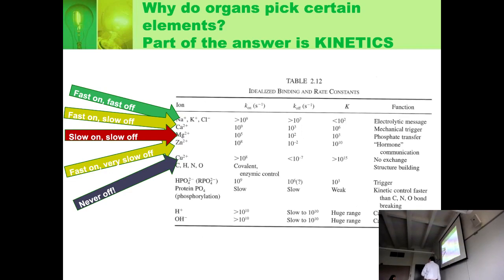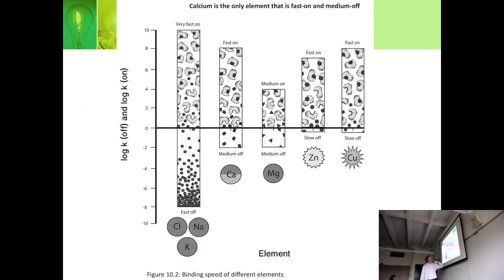You can sort of say, how fast are the rate constants that each of these do, and the rate constant for binding is a good first approximation of what can you use it for in the body. So if you look at these rate constants, the bigger it is, the higher up it is, the faster on it is, the farther down it is, the faster off it is, and just notice that sodium, potassium, and chloride are the fast on, fast offs.